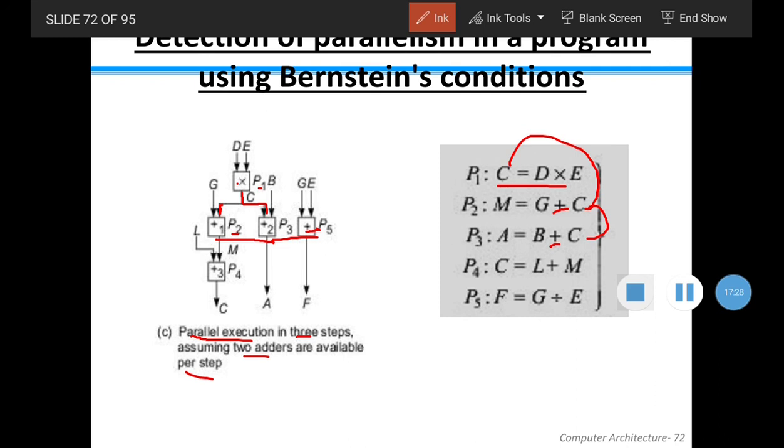It needs lots of experience to exploit parallelism in a program. Okay, thank you very much.